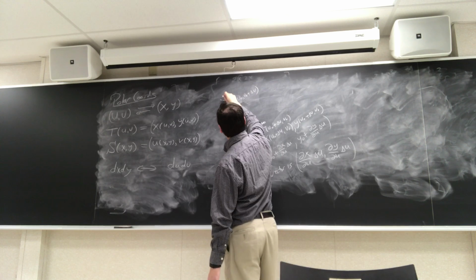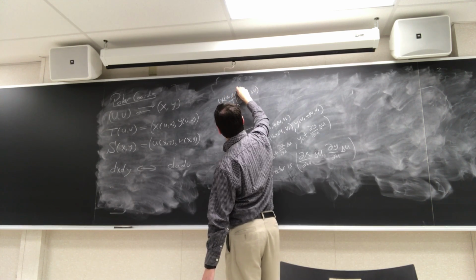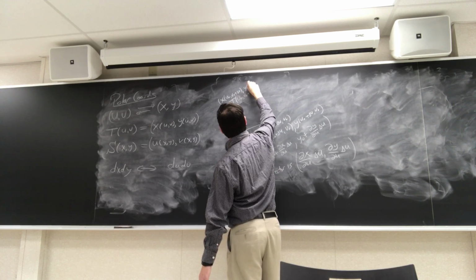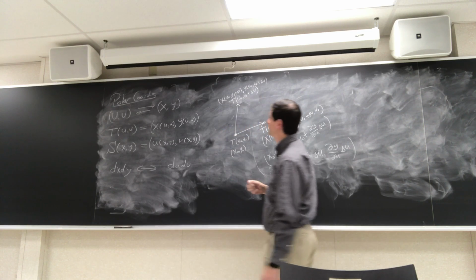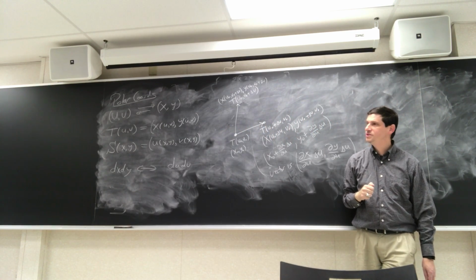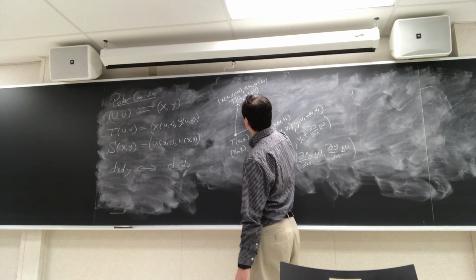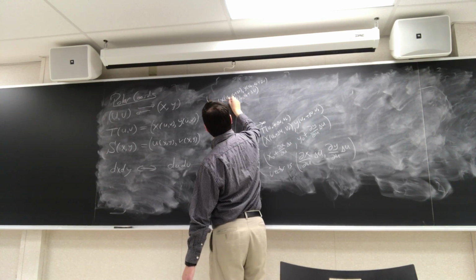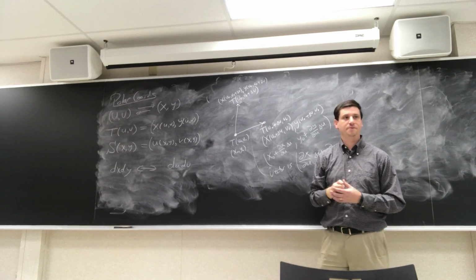So this is going to be x of (u naught, v naught plus delta v), and then y of (u naught, v naught plus delta v). And now we use the tangent line again, and we see how it has changed. Well, if I was at the point (u naught, v naught), that would just give me back my x naught.